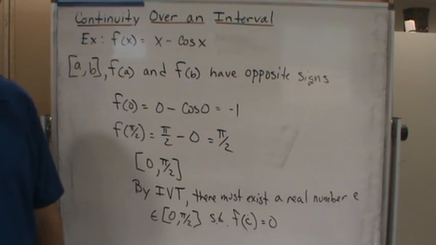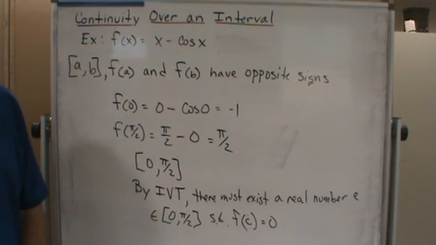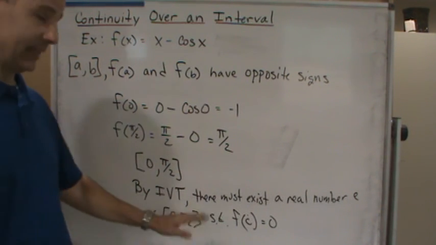And that's how you use the intermediate value theorem to prove that there exists at least one zero.